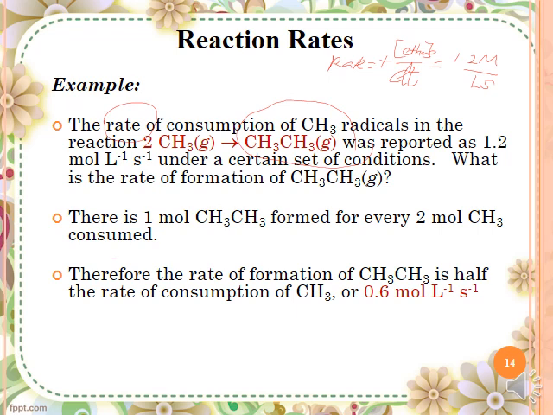So the question is, what is the rate of formation? There is 1 mole of ethane formed for every 2 mole of methyl radical consumed. That means the rate of formation of ethane is half the rate of consumption of the methyl radical.